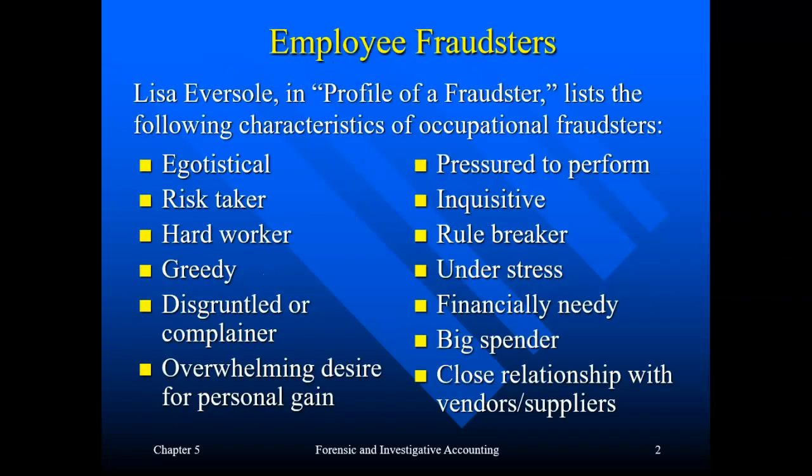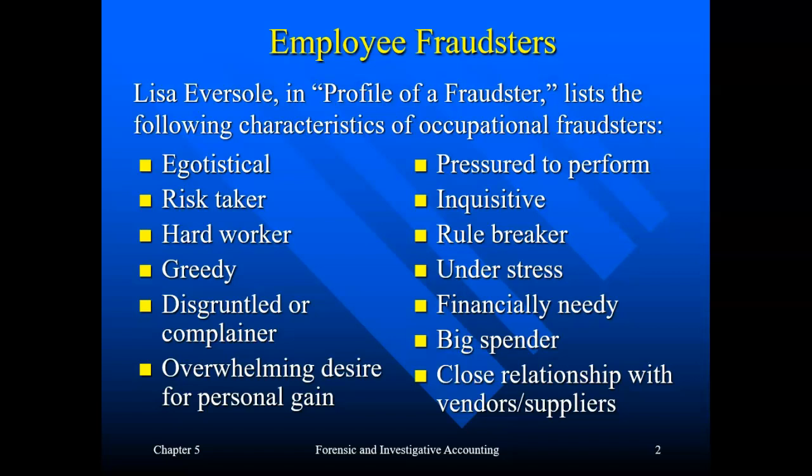Now, first of all, employee fraudsters. One person found the following characteristics of occupational fraudsters. Occupational means employee fraudsters. You can look through these yourself. Egotistical, risk taker. Now, hard worker, you'd look and say, well, I'm a hard worker. Does that make me a fraudster? Well, no, it doesn't.